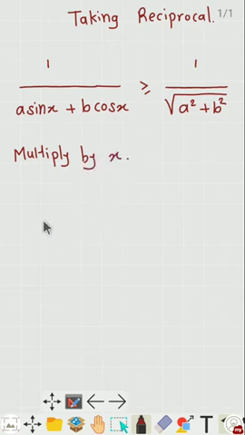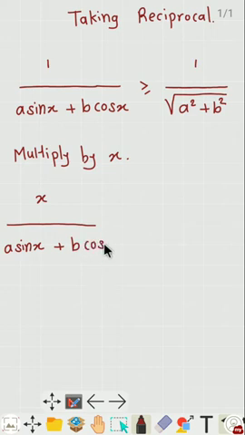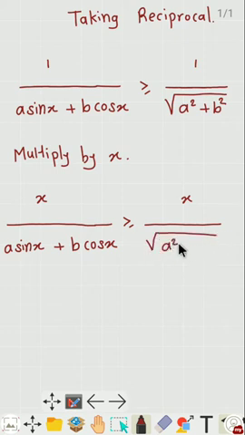Multiplying by x to this inequality, what we get is x divided by a into sin x plus b into cos x greater than or equal to x divided by square root of a square plus b square.